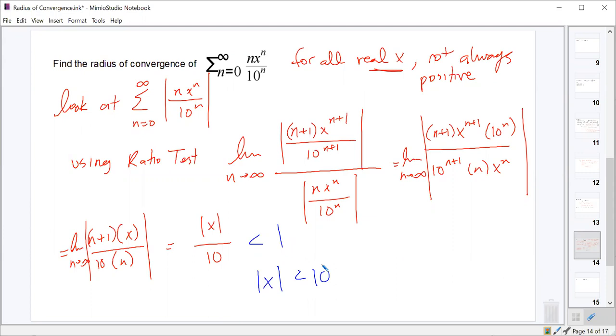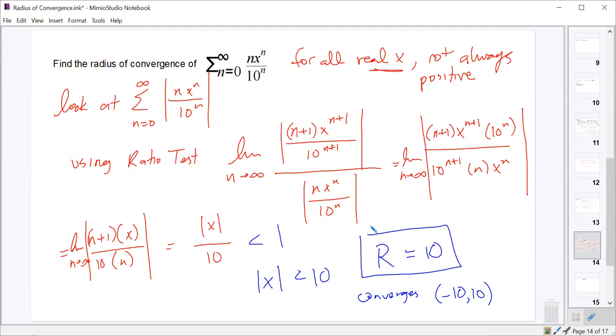And so that would tell us that this thing converges on -10 to 10 with a radius of convergence of 10. Good or no?